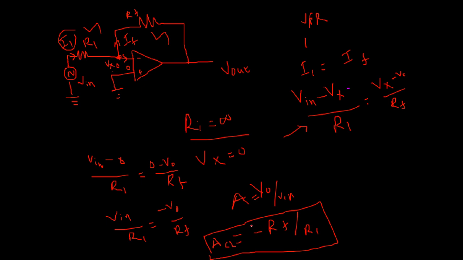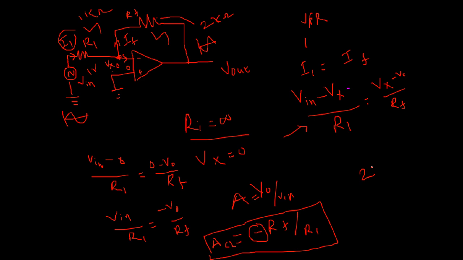The negative sign indicates that the output will be the inverse of the input signal. That is why it is called an inverting operational amplifier. For example, if the input signal is 1 volt, RF is 2 kilo ohm, and R1 is 1 kilo ohm, the gain is minus RF by R1, so 2 by 1 is equal to 2.